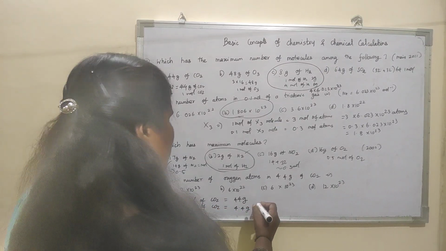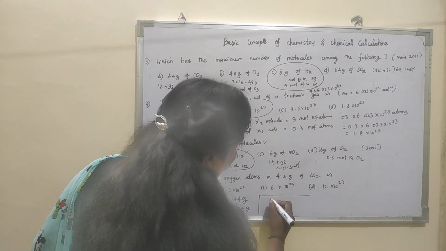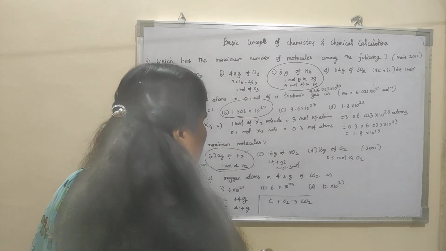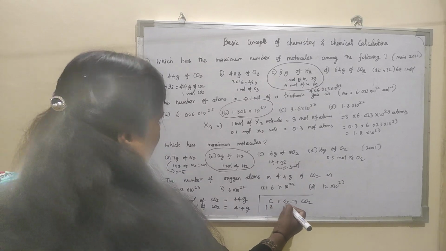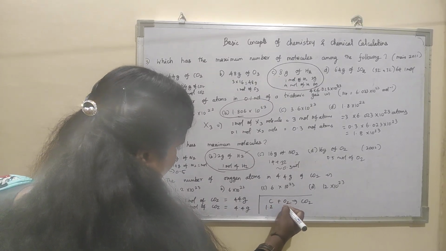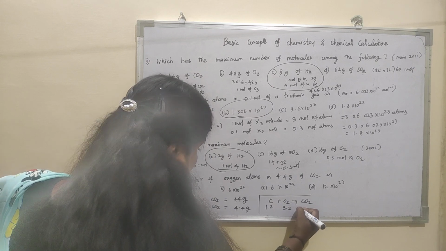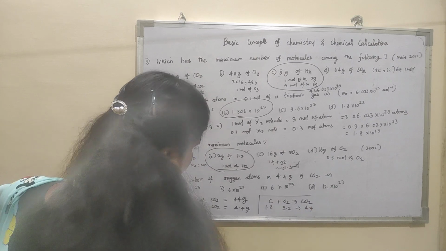How did this 0.1 mole come? Carbon plus oxygen gives CO2. Here 1 mole, this is 1.2 gram of carbon, and 3.2 gram of oxygen molecule, not the atoms, forming the 4.4 gram.